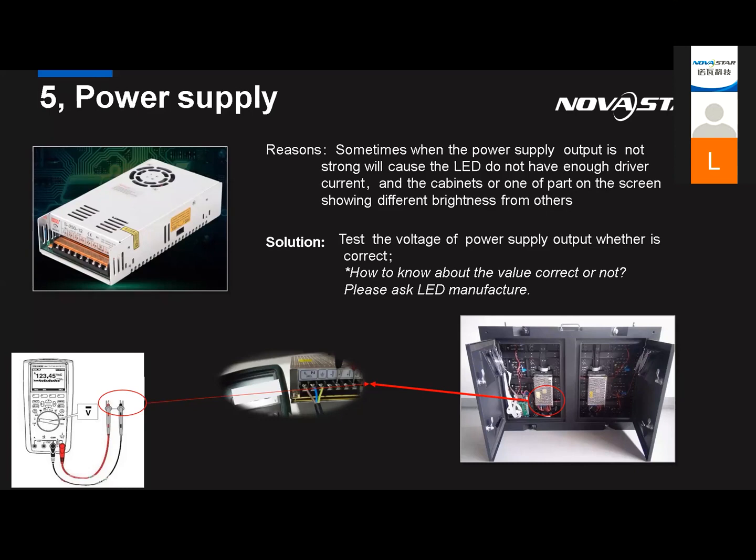I sent one receiving card to the whole cabinets, and I tried different brightness mode, grayscale mode, and contrast mode, and it didn't work at all. So I flew to the city, and when I opened the back door of this cabinet, I saw the power supply doesn't work. So power supply could be a reason for this kind of issue.